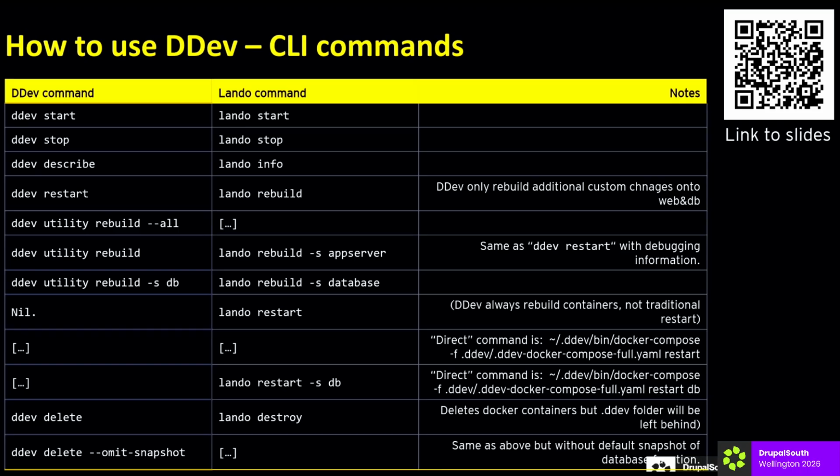not like Lando restart. Actually, it turns off your containers, gets the Dockerfile cache, reapplies your customizations on top, and then turns on the containers again. So it's like delete the container, then apply configuration and turn it on again. So it's a little bit different. Not really, all the volumes are shared, so you won't lose your data.